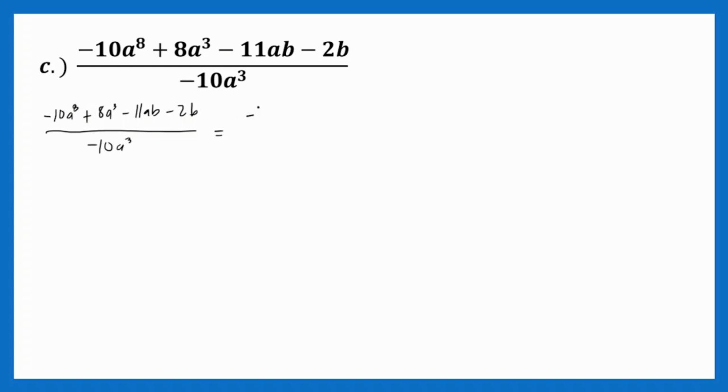So, yung negative 10a raised to 8, i-over natin sa negative 10a cubed. Then, plus, ito, 8a cubed over negative 10a cubed, plus minus, ito, 11ab over negative 10a cubed, tapos minus ulit, ito yon, tapos 2b over negative 10a cubed.